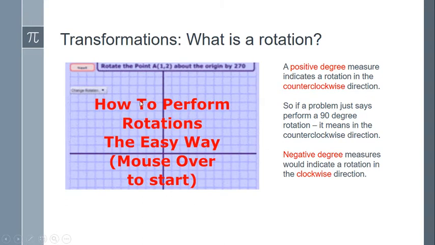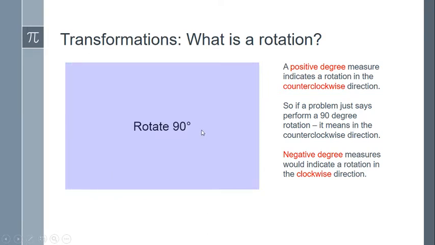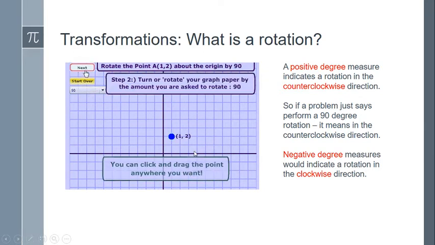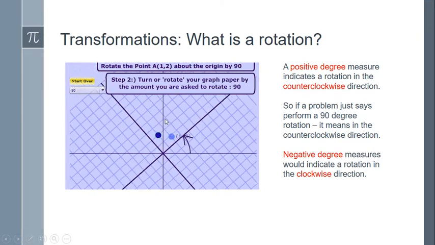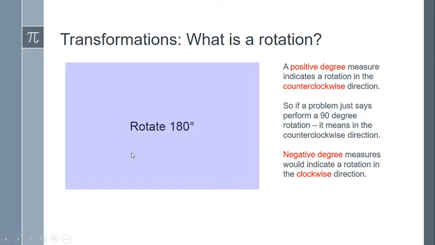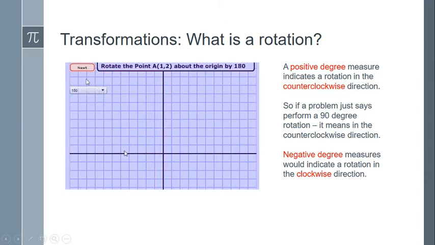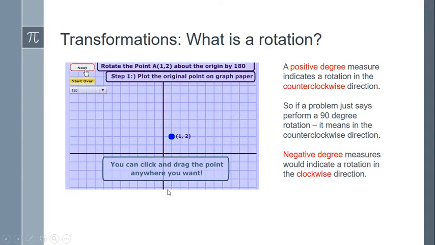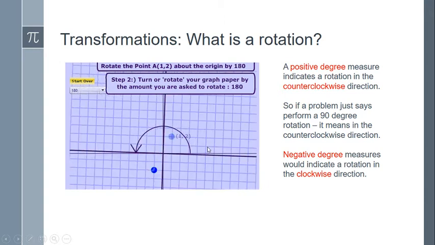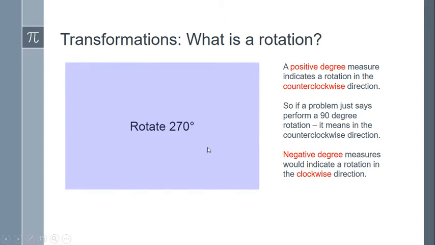So as we rotate a point about the quadrants, you can think about it as just spinning the graph paper underneath it. And each quadrant is 90 degrees. There's a 90-degree turn, a 180-degree turn gets us through quadrant 2, a 270-degree turn gets us through quadrant 3, and then a 360-degree spin would be back where we started.